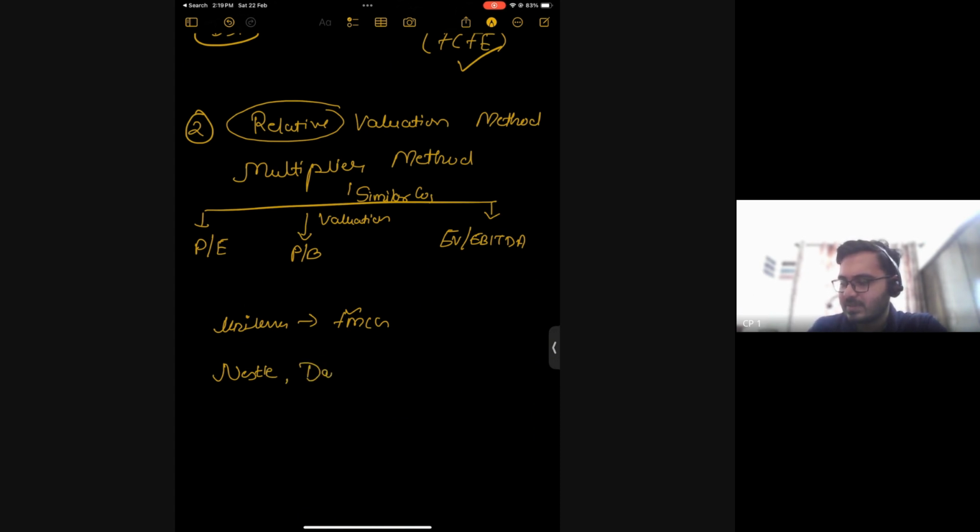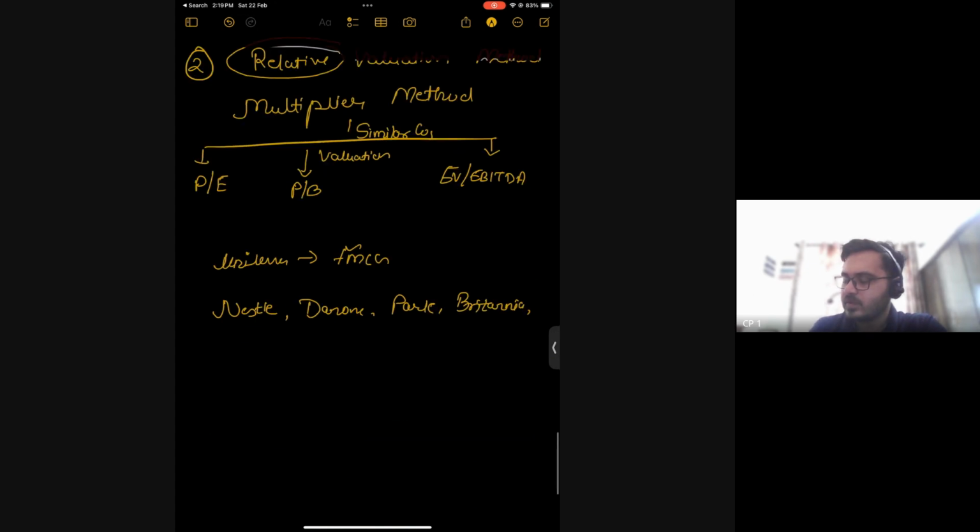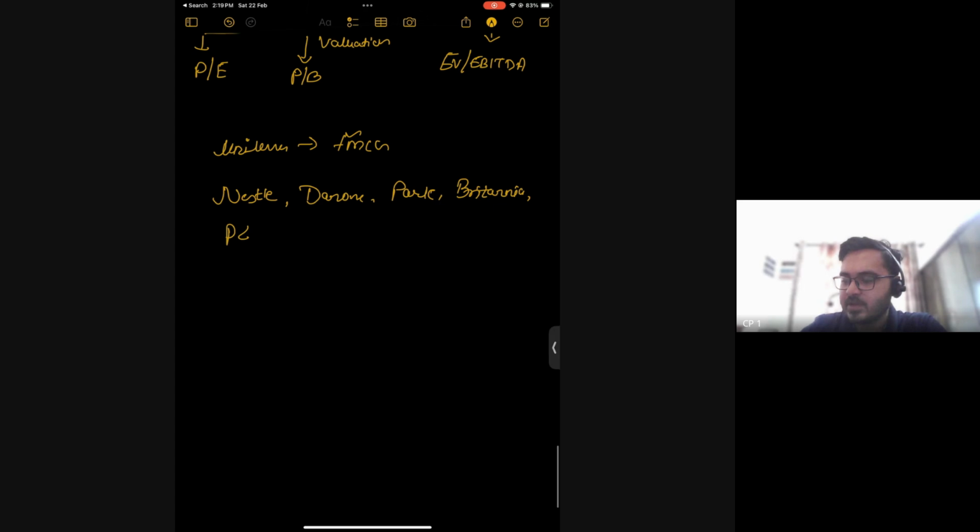I'm not sure whether all of these are listed, but there can be some other companies here and there, like Parle in India and Britannia, and you have Procter and Gamble, which can be considered a listed company in the FMCG space. Gillette can be another, although it's slightly different, but it's still an FMCG company at the end of the day. So you look at what these companies are trading at.